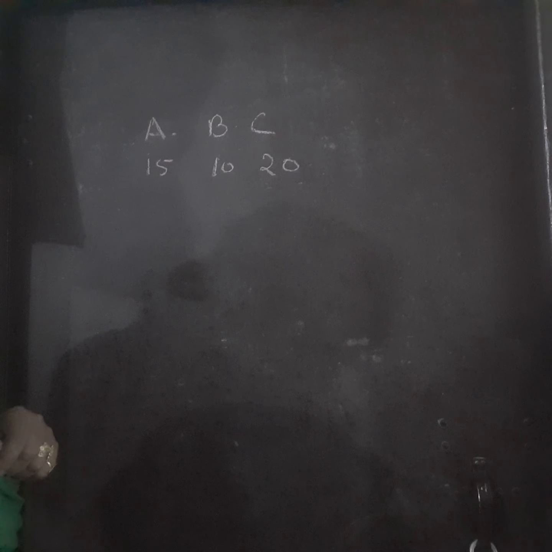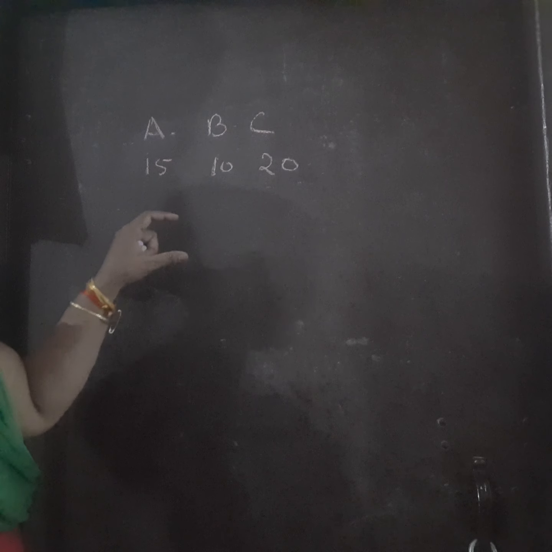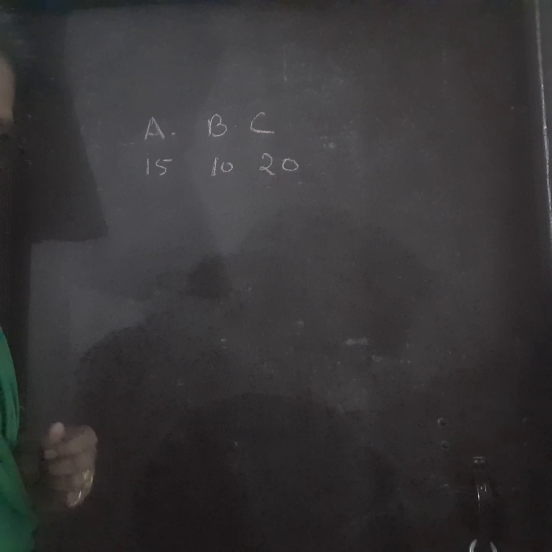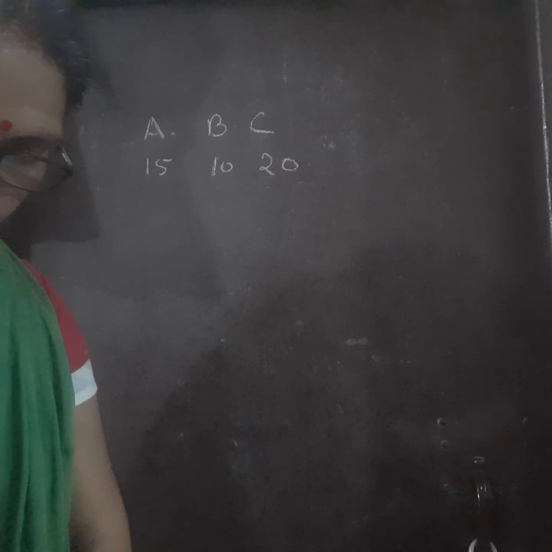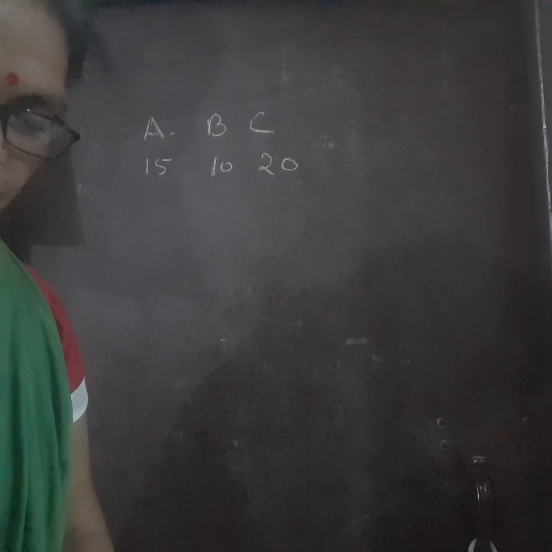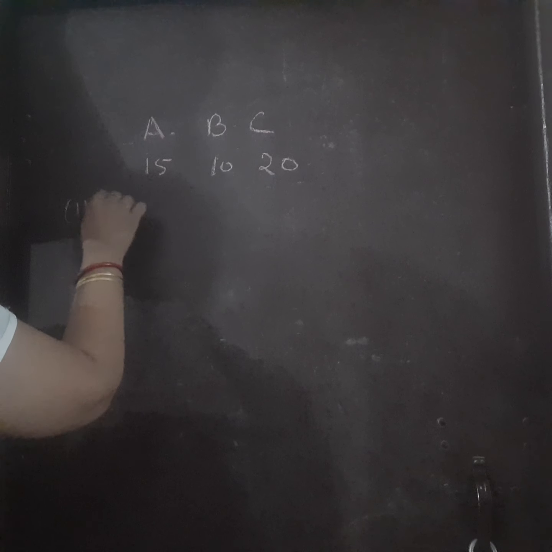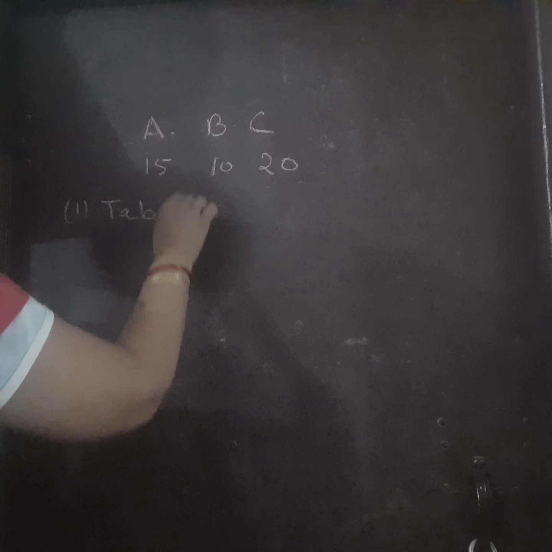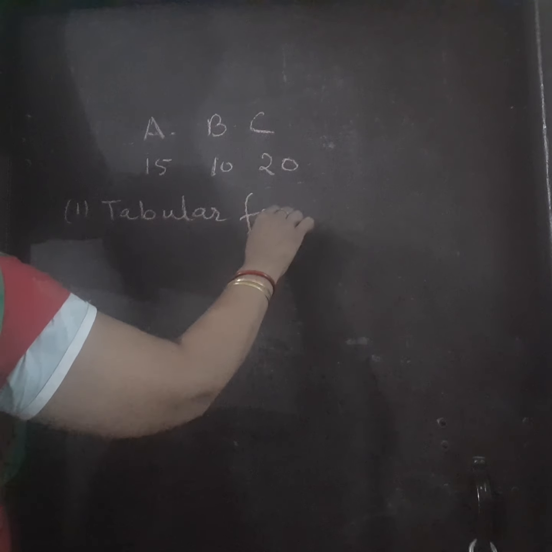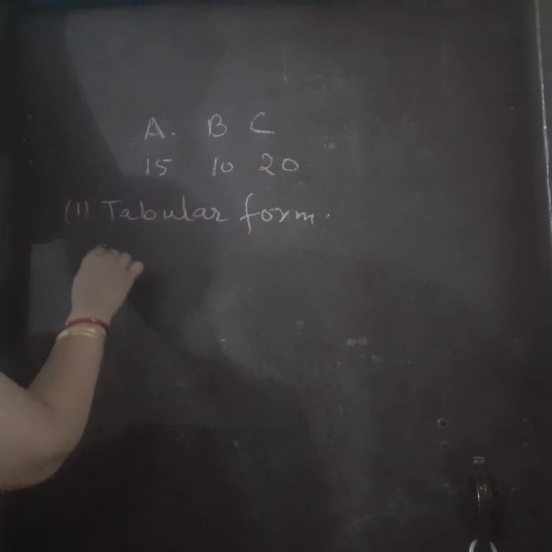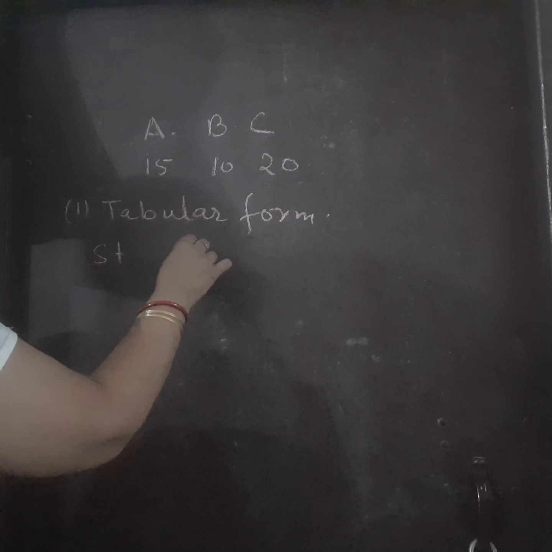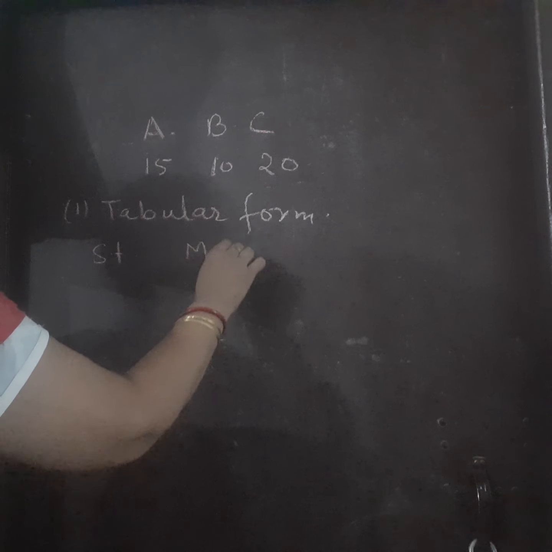Now about raw data, you have understood, that is the original information that you are getting from the 3 students. Now if I want to arrange it, it can be arranged first in tabular form. Tabular form means here we'll write students and here we write marks obtained.